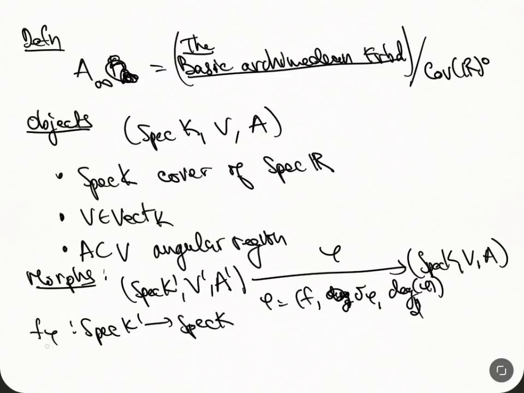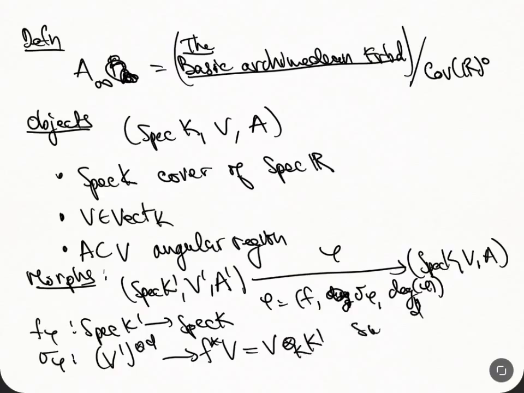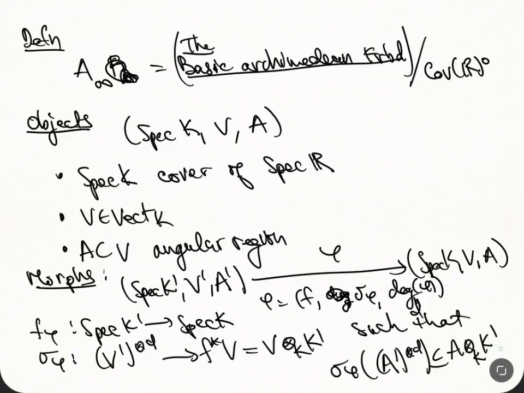The sigma goes from V prime to the dth power to the pullback here, which is again V tensor K to K prime, and this is such that the angular region is going to be contained in the base change of the angular region here, like so.